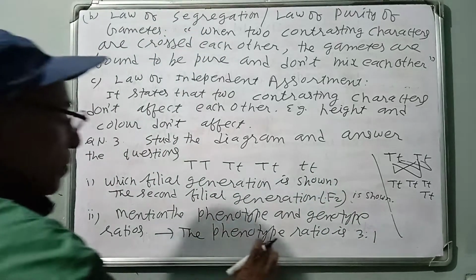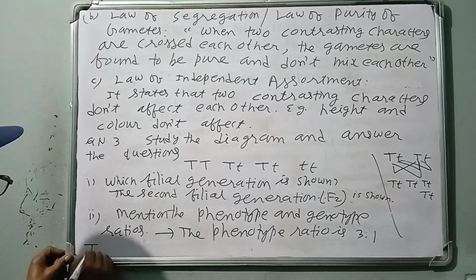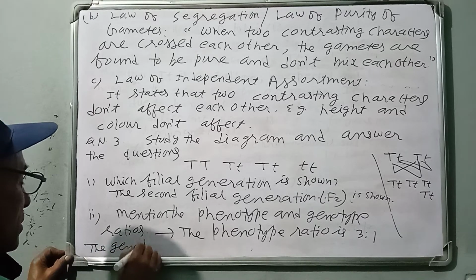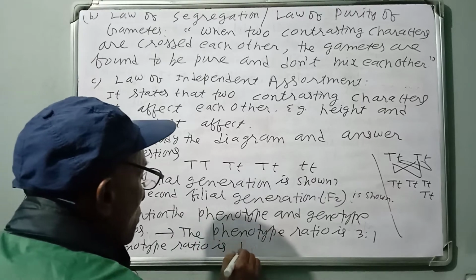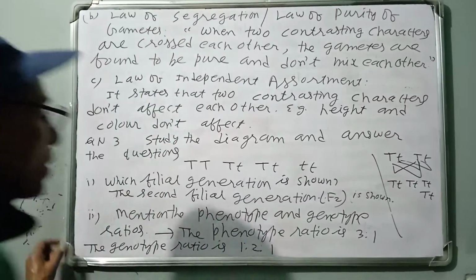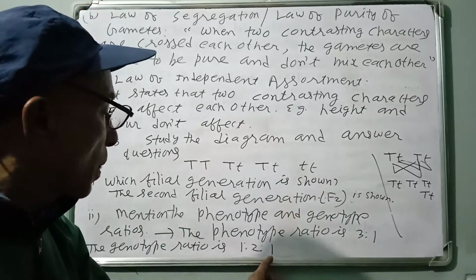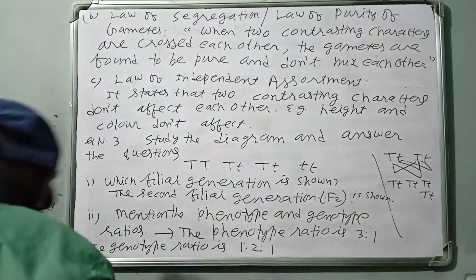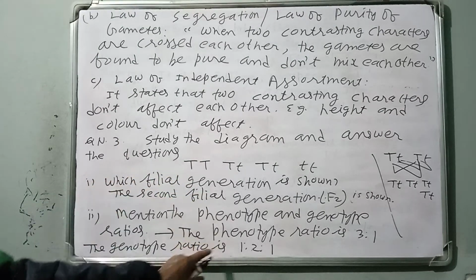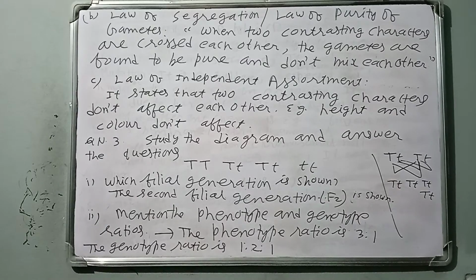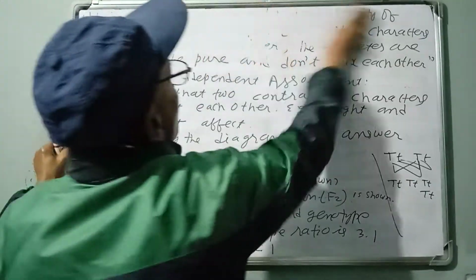Externally we can see phenotype ratio, external character, and genotype ratio. The genotype ratio is 1:2:1. 1 pure tall, 2 hybrid tall, and another is pure dwarf. Study the diagram and find out which generation is this. And another question number 3, question number 4.